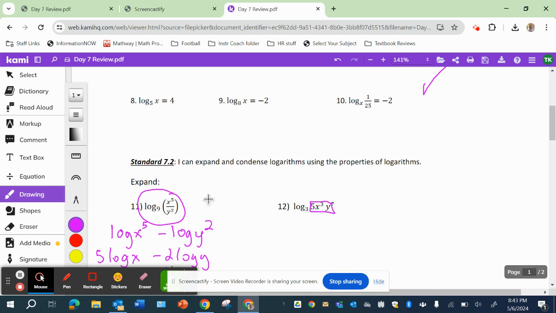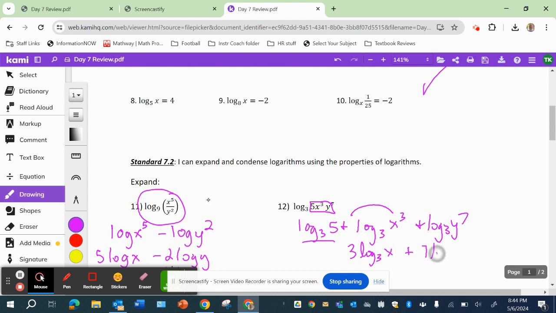So anything that's multiplied gets split up as addition. And then the exponents go out front. So this one's done. The 3 goes out front.